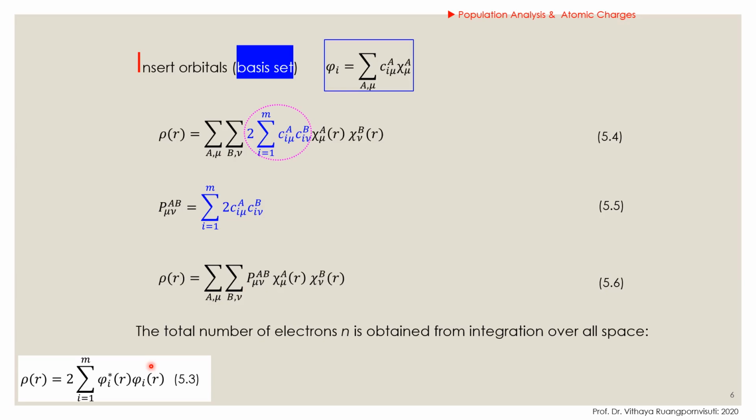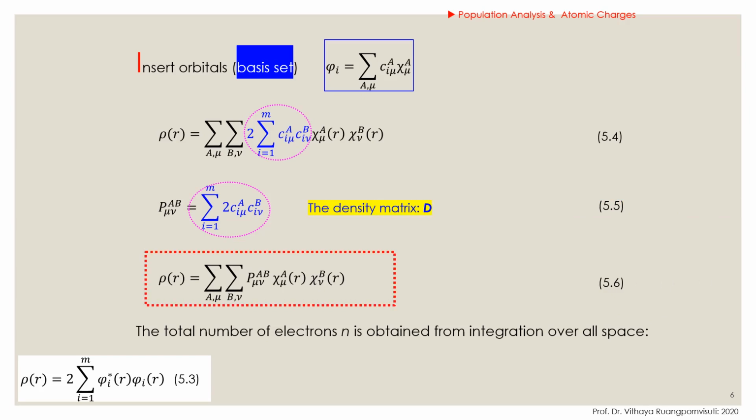If we define P of A, B, mu nu as equal to the summation from i equals 1 to m orbitals of 2 C A i mu times C B i nu, we can get equation 5.6. Equation 5.5 is called the density matrix.